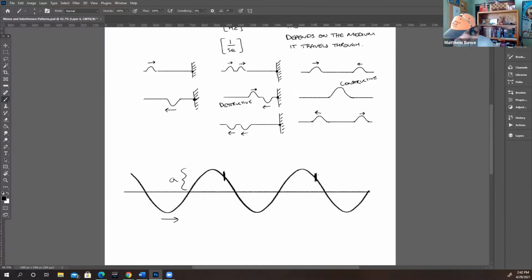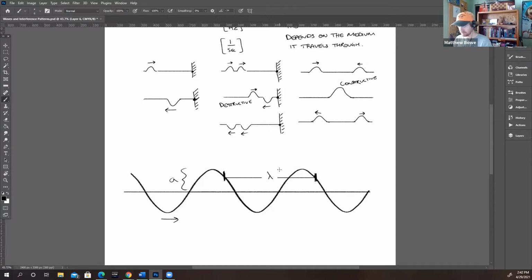Okay, so anything past that point is a repetition of the same thing. From these two marks then is one wavelength. Let me draw that out like that. And let me call it lambda for one wavelength.